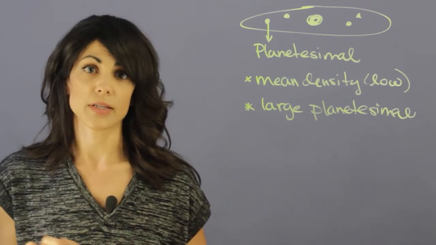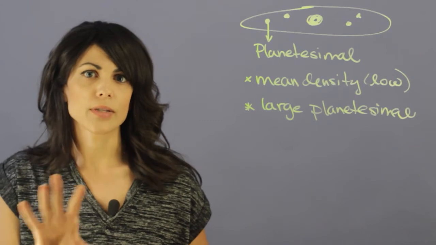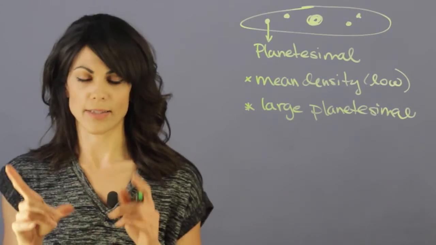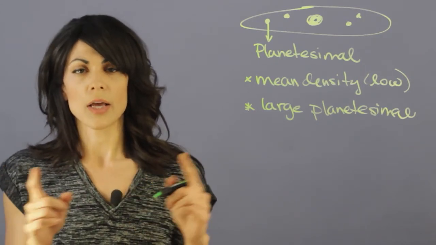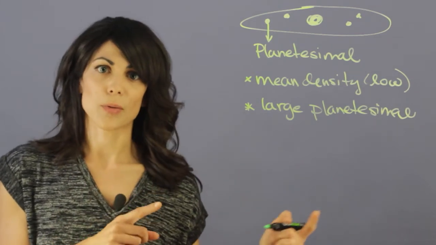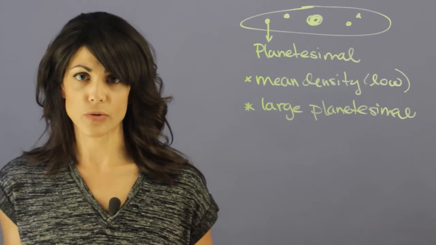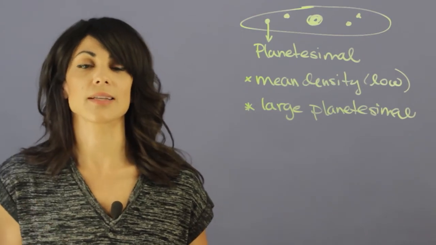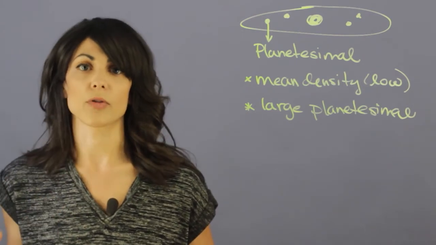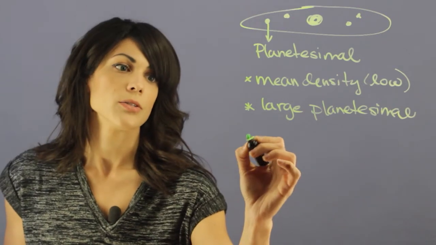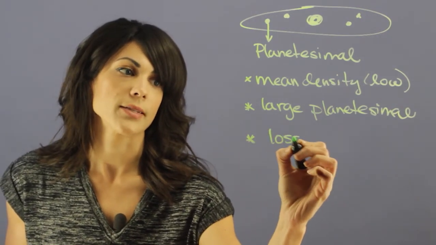And what happens here is that we've seen that Uranus and Neptune both are fairly far, like the distance between them in comparison to the distance between the other planets is very large. So we believe that the planetesimal may have gone through some collisions where it had lost some of the mass and actually migrated even further away from the Sun. So maybe loss of planetesimal mass.